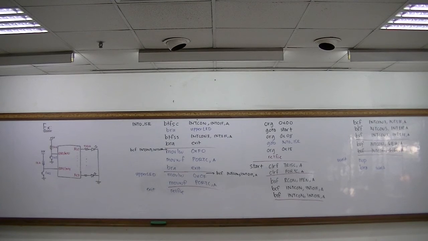So again, let me just remind you, what I've just given is an example of using simple input-output, using the switch as input and an LED as output, but that is not limited to switch and LED. The output could be anything, the input could be anything.